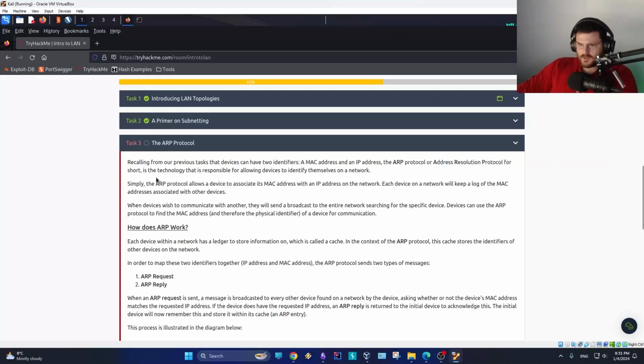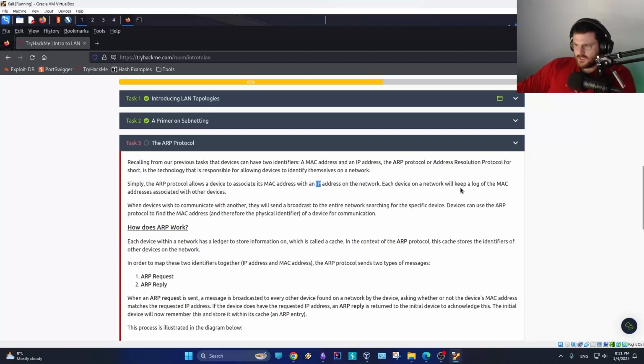is the technology that is responsible for allowing devices to identify themselves on a network. Simply, the ARP protocol allows the device to associate its MAC address with an IP address on the network.